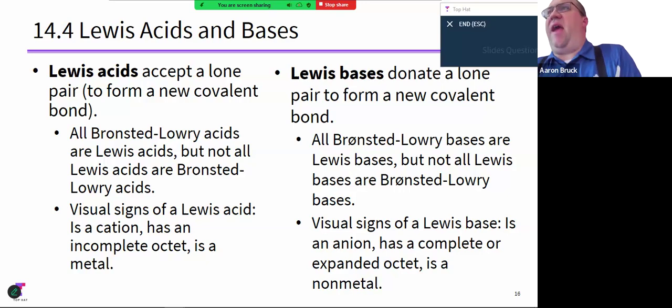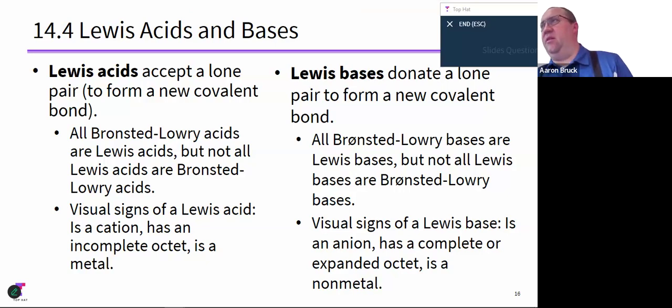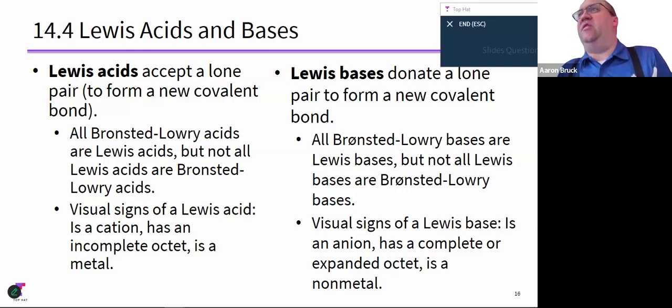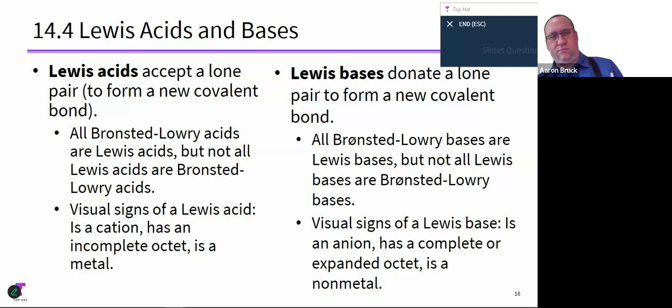Every Bronsted-Lowry acid is also a Lewis acid. They all fit under that definition. But Lewis theory expands acid-base to include other molecules that did not previously fit under that umbrella. Lewis bases, on the other hand, are those electron pair donors.